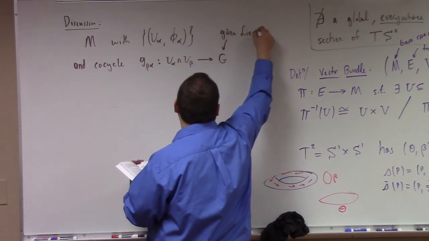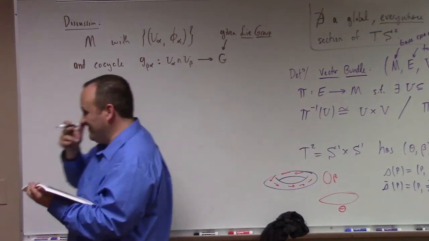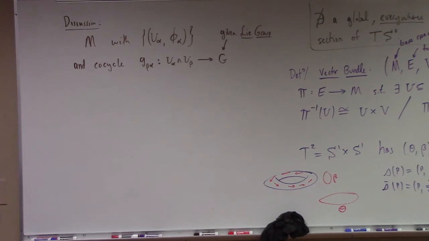What's a Lie group? A Lie group is a group which is also a manifold, such that the operations are smooth with respect to the notion of manifold smoothness that I've talked about today. So the multiplication on the Lie group is a map from the Cartesian product of G with itself.